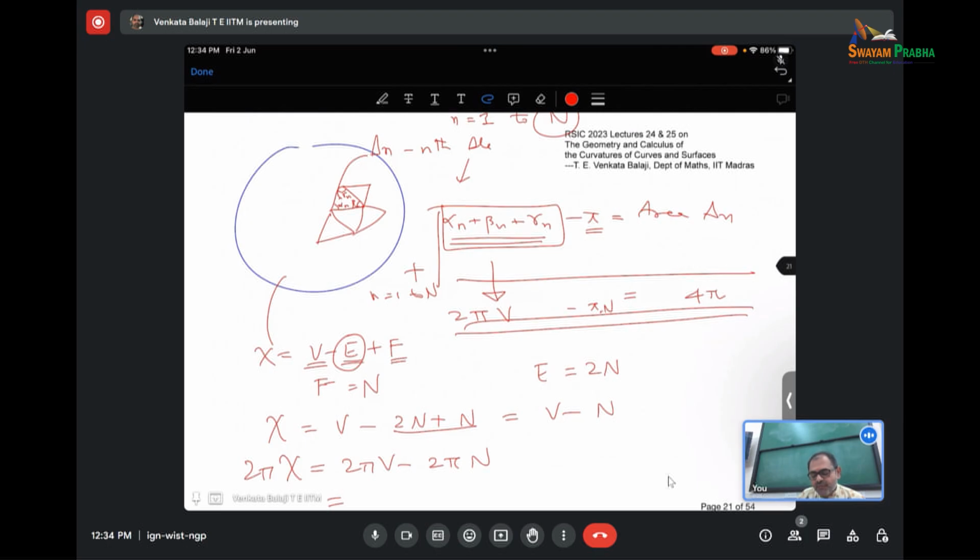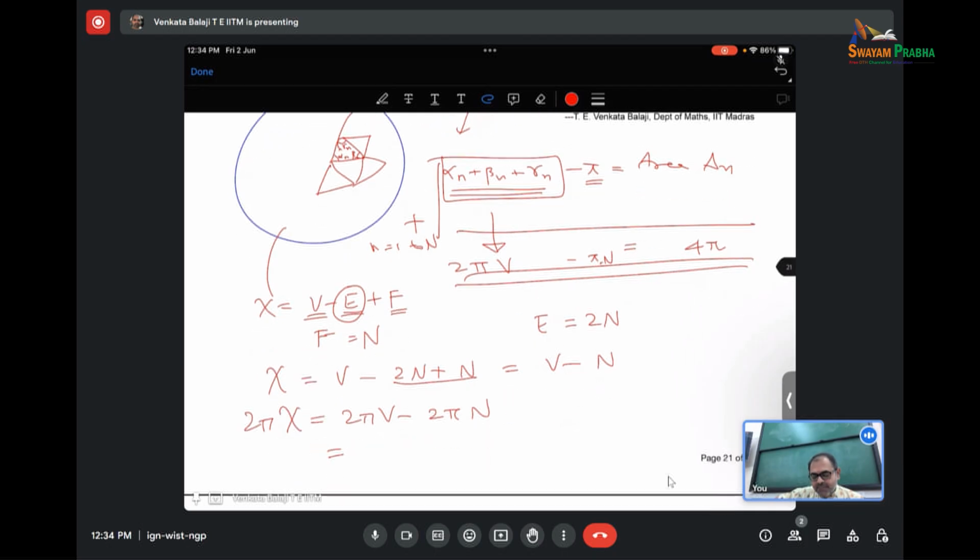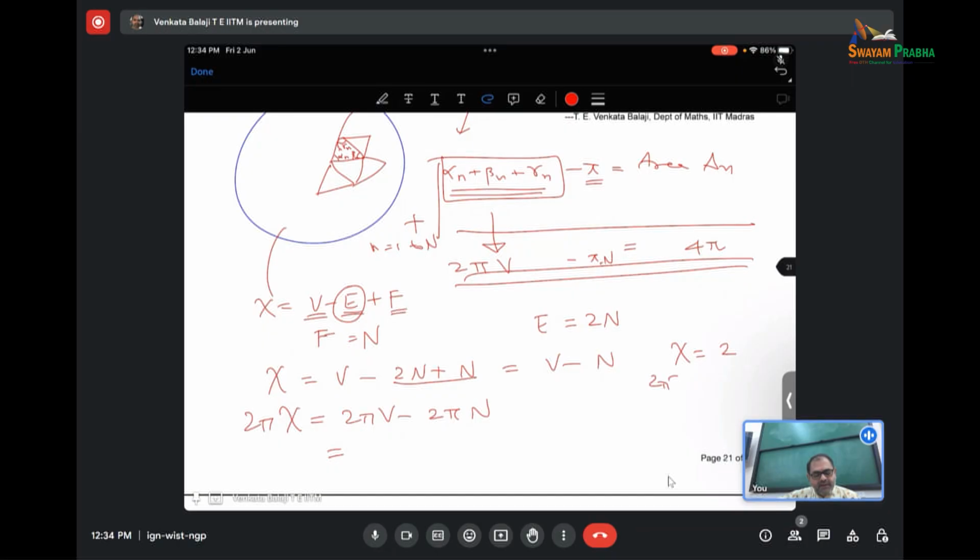Just hold on. You are welcome to also look into this. It's kind of pretty easy. Mind you, chi should actually be 2 by whatever formula that I gave you. Chi for the sphere should be 2. So 2 pi chi should be 4 pi. Okay, and that's what you are getting here.